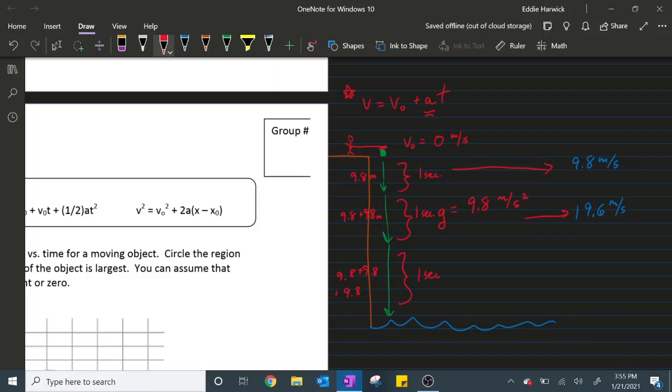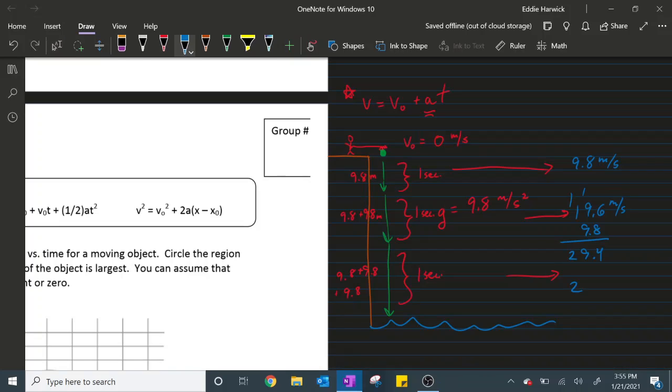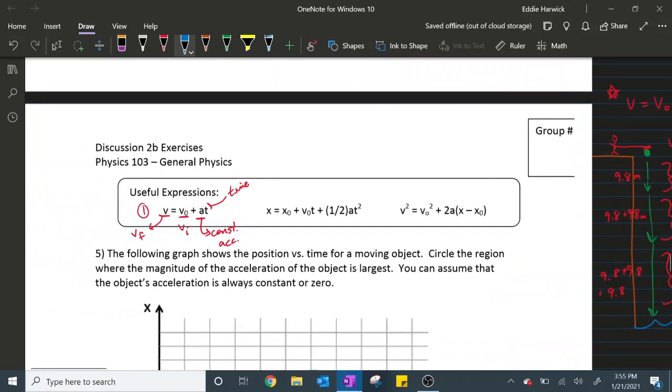And that is a 1 second period of travel with a corresponding velocity of, trying to do math on the spot here, 29.4 meters per second. So what's going on? If you have an acceleration, after each second of travel your velocity picks up. Let's move on to the second equation.